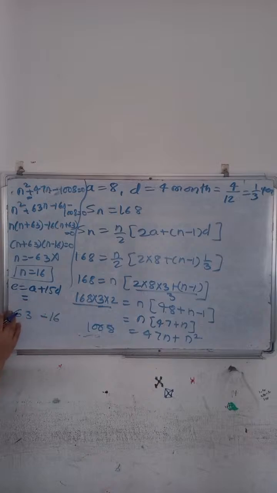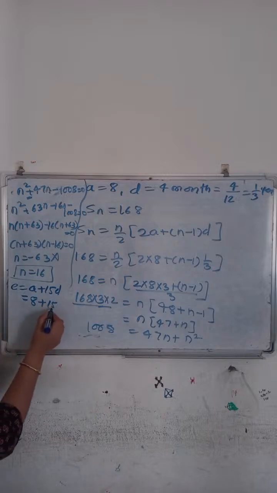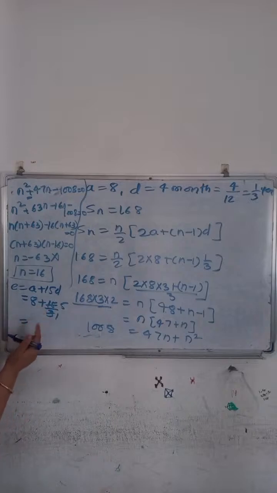So a we got as 8, the youngest one, plus 15 into the common difference. What is the common difference here? 1 by 3. So 3 fives are 15, 8 plus 5 is 13 years. So the eldest one is 13 years. Okay, so this is the question.